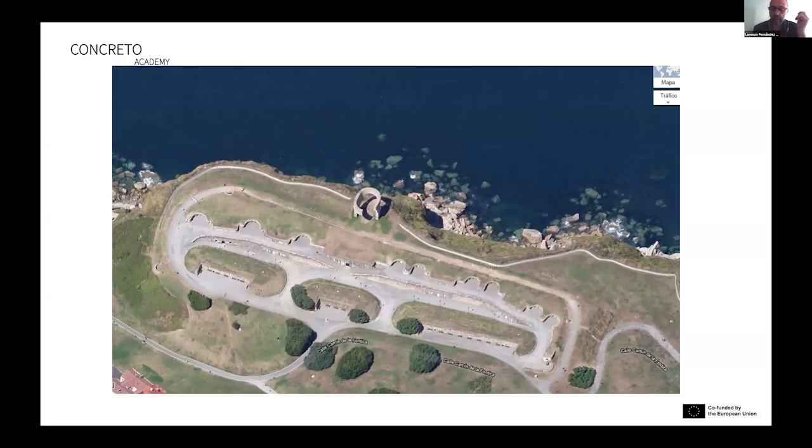and is having a lot of problems because Gijón is a very industrial city and has a lot of pollution, and also the sea has been a problem.